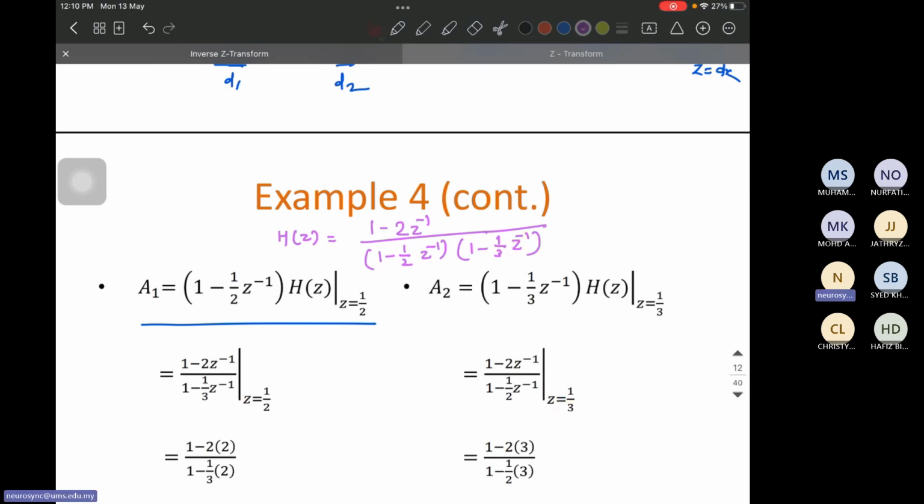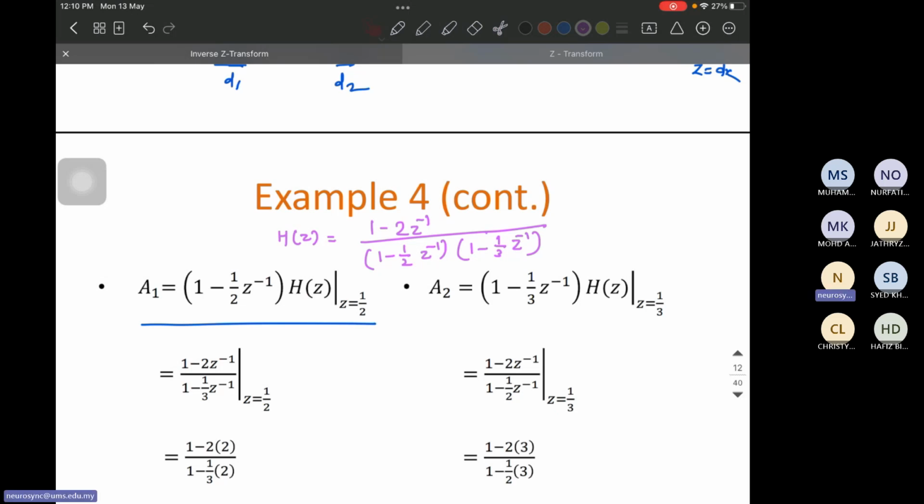If we multiply this with this term, this will get cancelled. So we will be left with this numerator and this denominator like this. Okay, and we need to find this at z equal to 1 by 2.